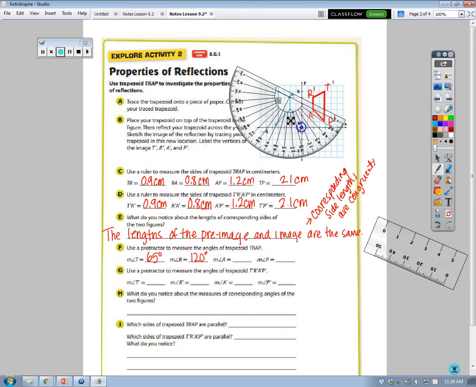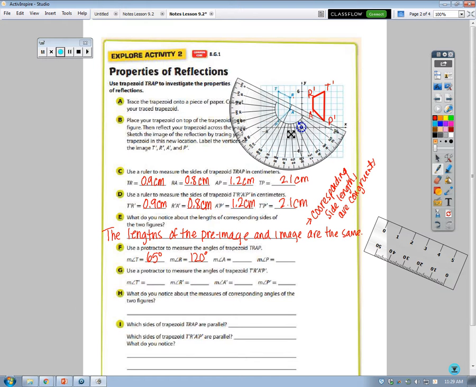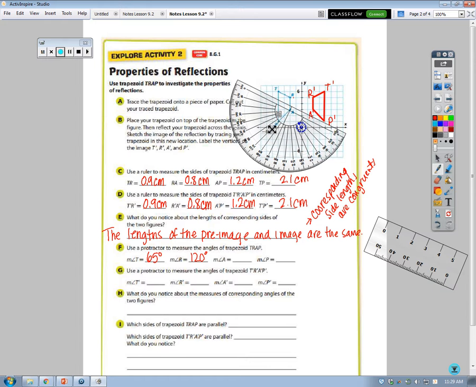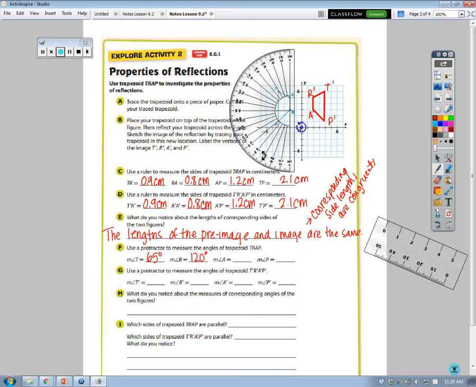Slide down here to angle A, line up my vertex, spin my protractor, and looks like, if I'm lining up correctly, we are looking at about 135, so we're right in the middle of 130, 140, right? 180, 170, 160, 150, 140, yep. About 135.